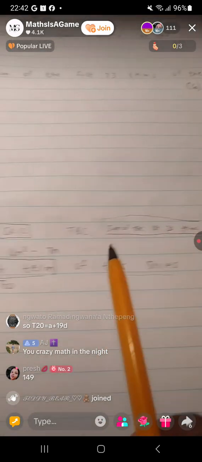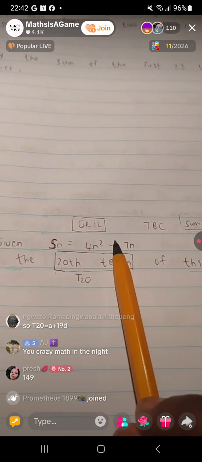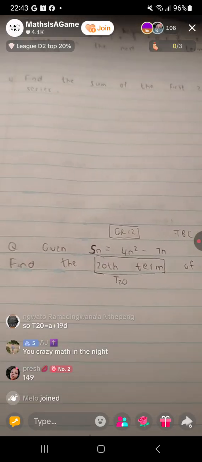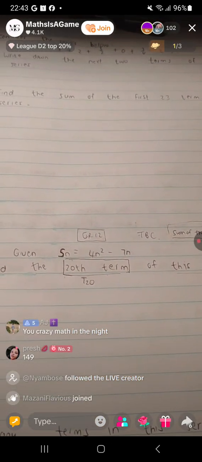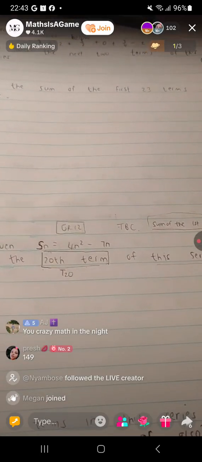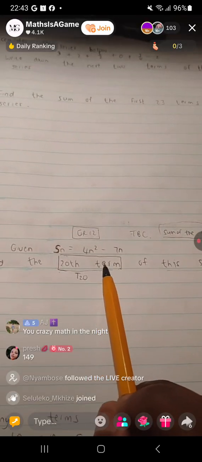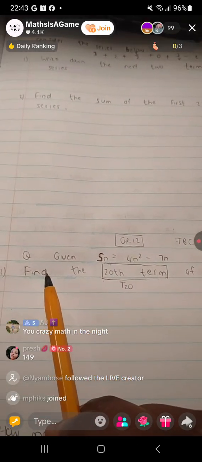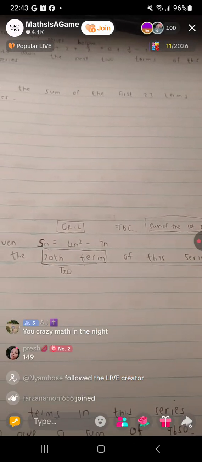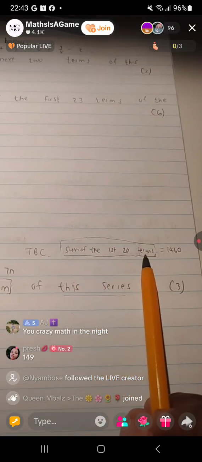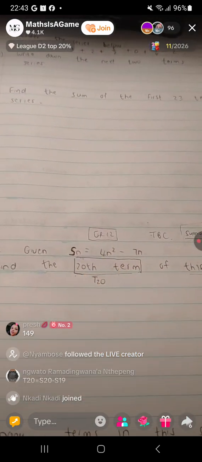So those who substituted S20 alone and got 1460 and concluded that is the 20th term, guys, that is an incorrect answer, because they are not asking for the sum, they are asking for the 20th term. Had they said, find the sum of the first 20 terms of the series, this approach would have been 100% correct: substituting 20 in the place of n and getting the answer.